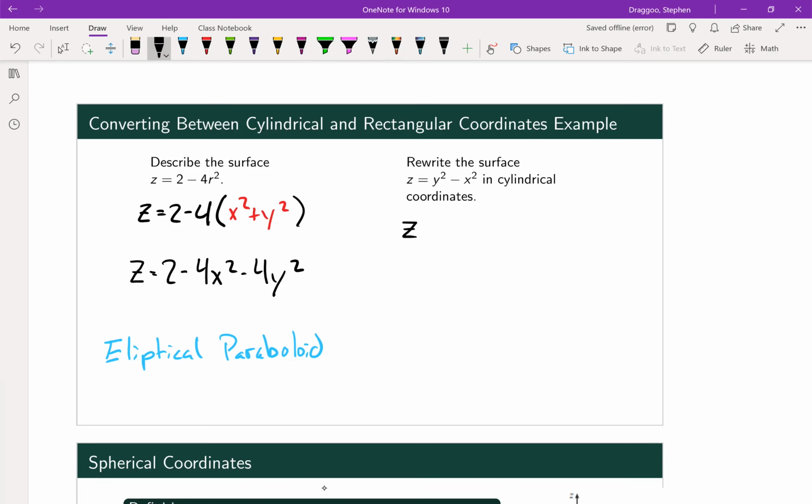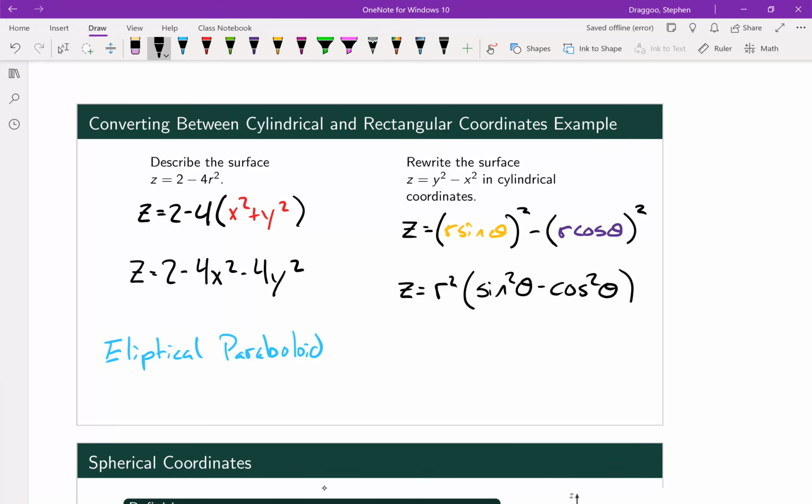So that should give us the equation z equals, r sine theta is y, so r sine theta squared minus x, which is r cosine theta, squared, will allow us to simplify this to r squared times sine squared of theta minus cosine squared of theta, which it would probably be fine to leave right there, but that is an identity.